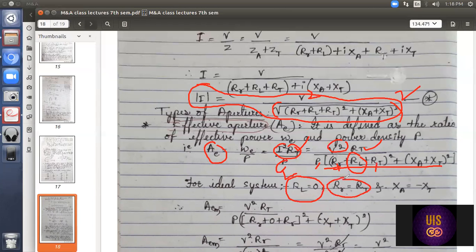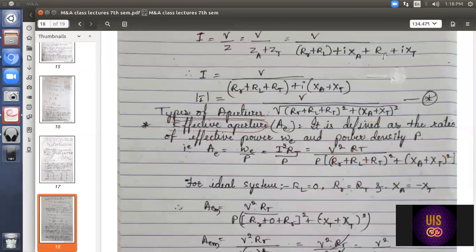This is the second thing. Then we don't have any reactance part for ideal system, only this real term exists. For that, just make this one the negative of the other. So with that, this will go. So only real part exists. So with these conditions, we will see how this equation gets modified.